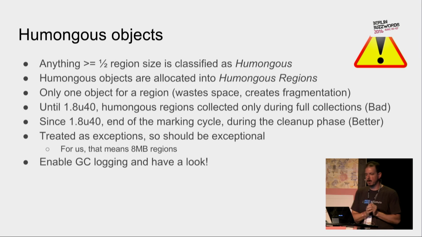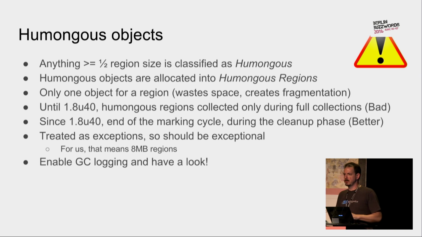The one exception, the one problem we have had, is with what, in G1 terminology, are humongous objects. What G1 does at startup, if you have not explicitly specified otherwise, is make its own determination to divide the heap up into some number of regions of some size.